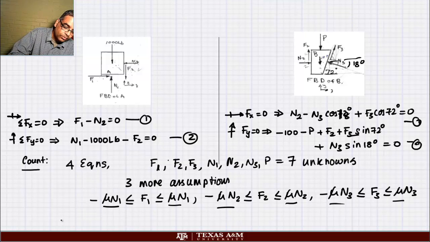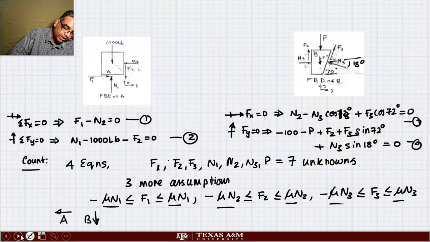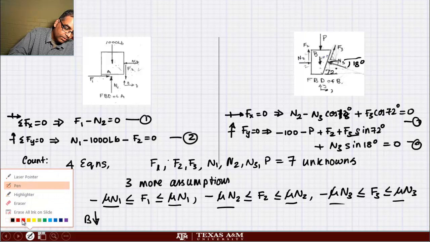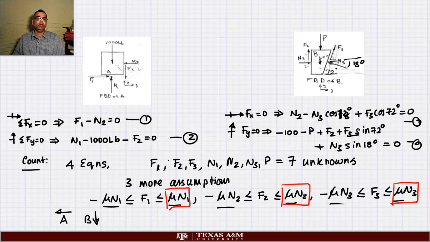So if I assume body A goes this way and body B goes that way, which is, if I want to push hard on P, it's going to go that way, right? So if I assume that, then the correct ones are this. Those are my 3 additional assumptions: F1 equal to mu N1, F2 equal to mu N2, F3 equal to mu N3.